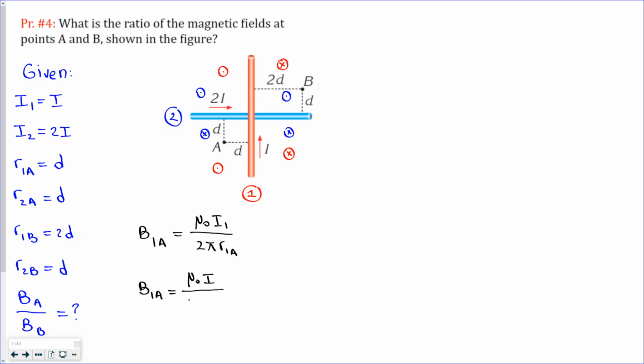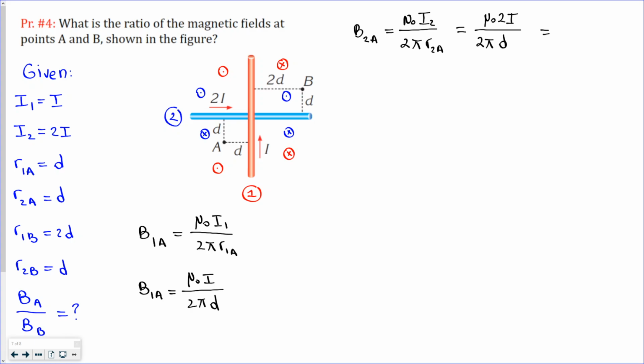Mu 0 I over 2 pi D. This is the magnetic field of the first wire at point A, and the magnetic field of the second wire at that point is mu 0 I2 over 2 pi R2A, and mu 0 2I over 2 pi D.